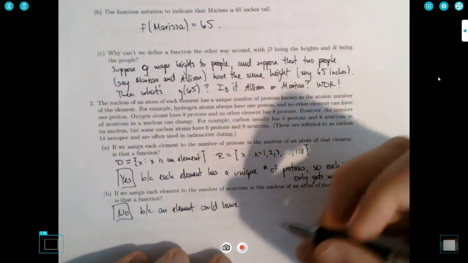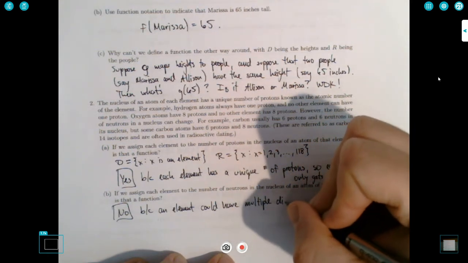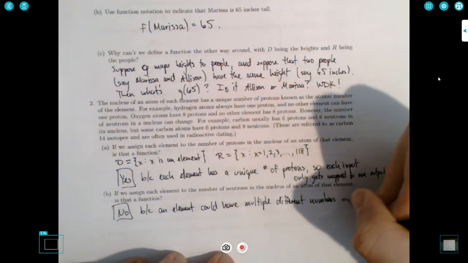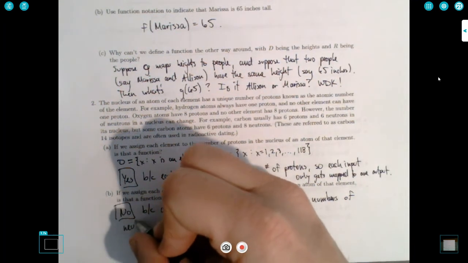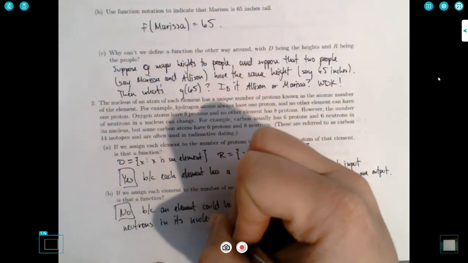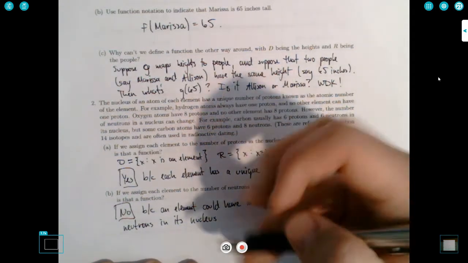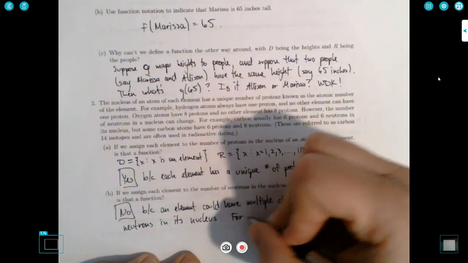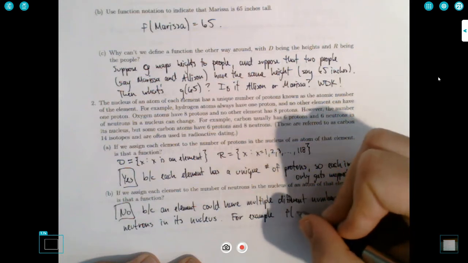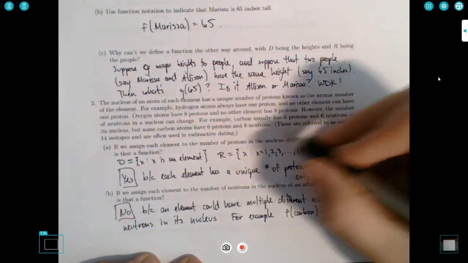So no, because an element could have multiple different numbers of neutrons in its nucleus, right? For example, carbon, right? So for example, f of carbon, would f of carbon equal 6, or would it equal 8?